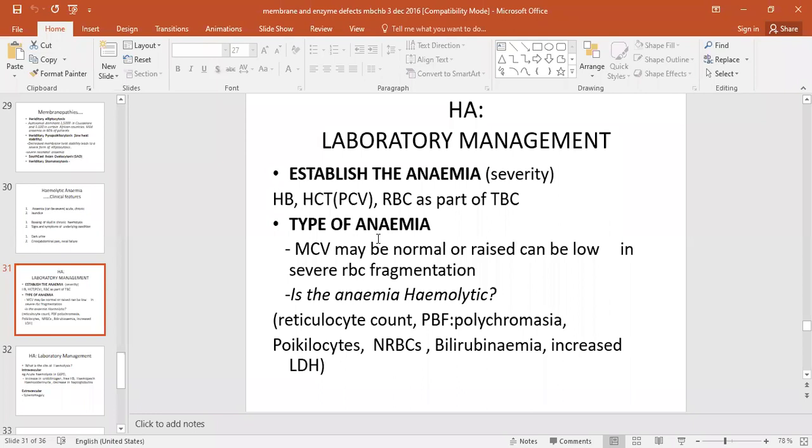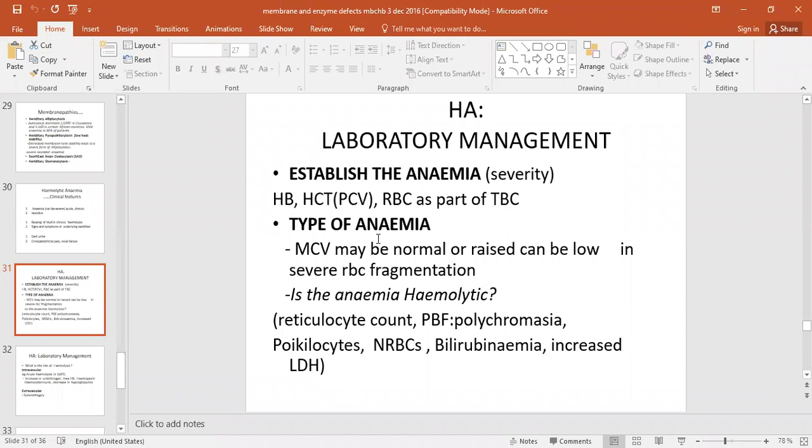You would see what we call polychromasia. Polychromasia is basically nothing other than differences in color. More cells would have different colors, and so the color change is evident. Poikilocytes are different shapes. And you can also see nucleated red blood cells.